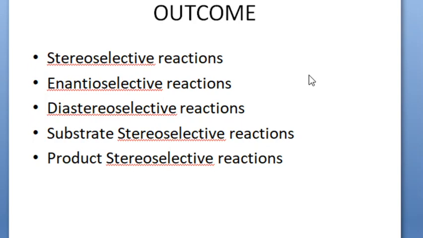So in this lecture we are going to study what stereoselective reactions are, what enantioselective reactions are, what diastereoselective reactions are, various examples for diastereoselective reactions, substrate stereoselective reactions, and product stereoselective reactions. By the end of this lecture, we should be able to understand these things.